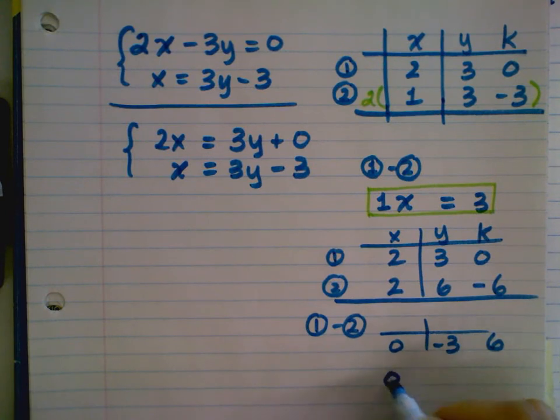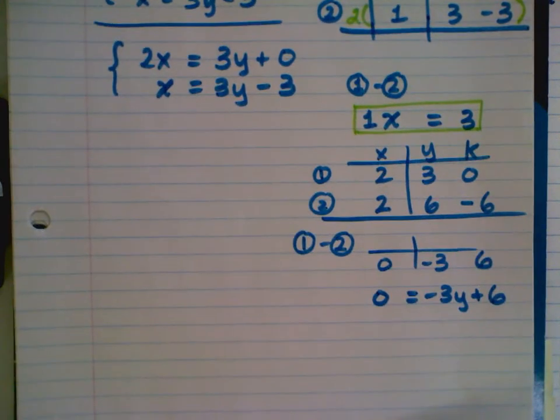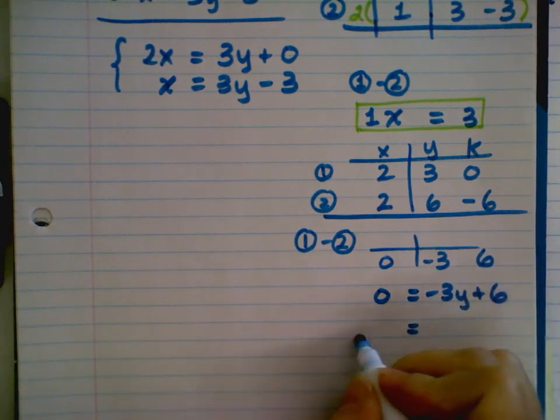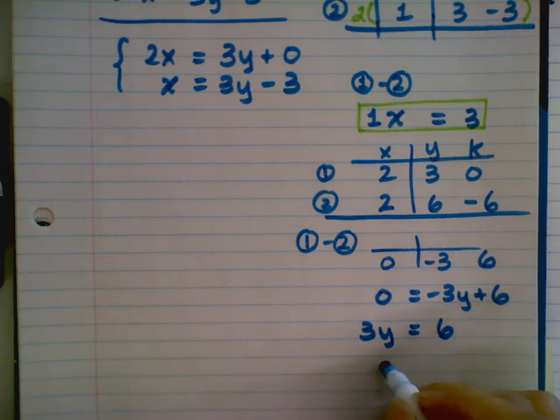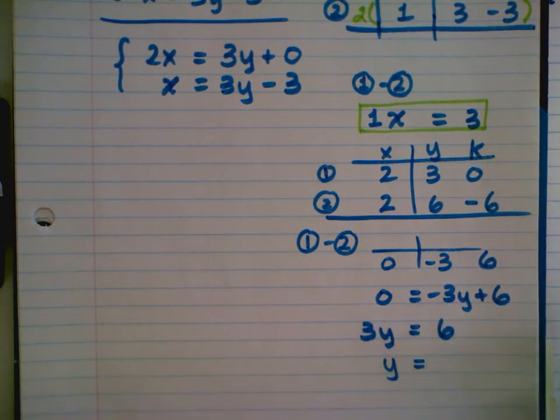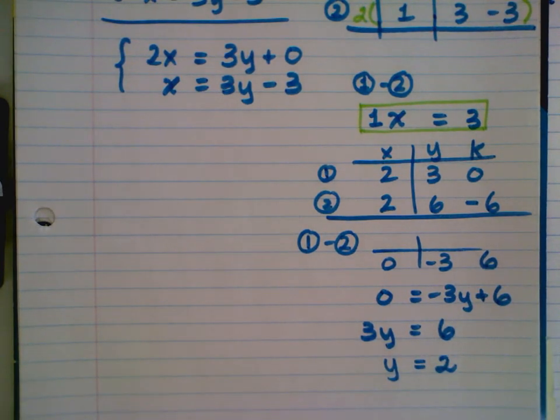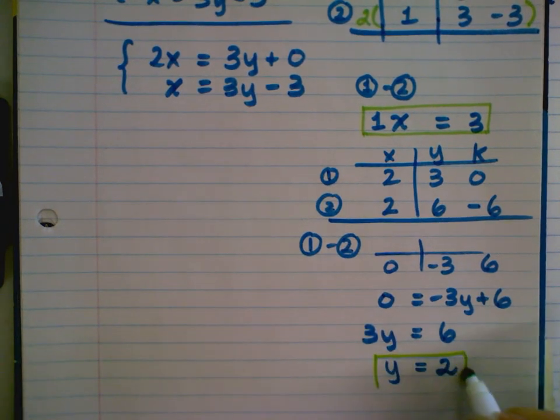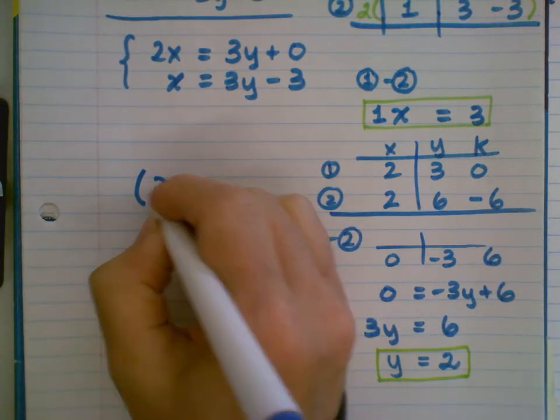So this means 0 equals -3y plus 6. And that means 3y is 6, which means that y, when you divide the 3 away, is 2. So the solution to that system of equations is x equals 3, y equals 2.